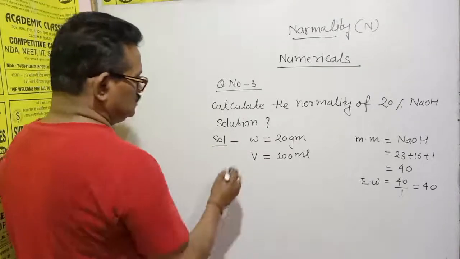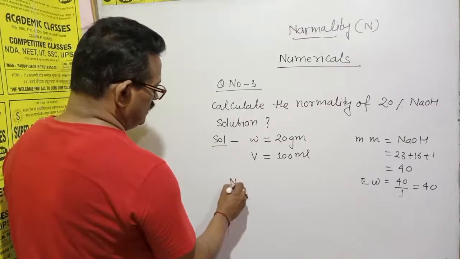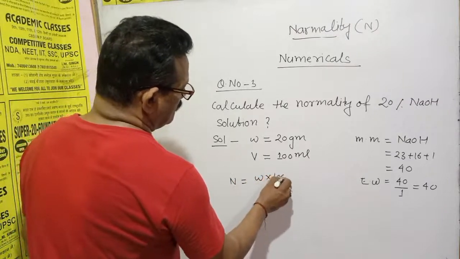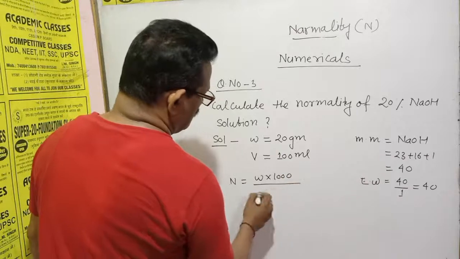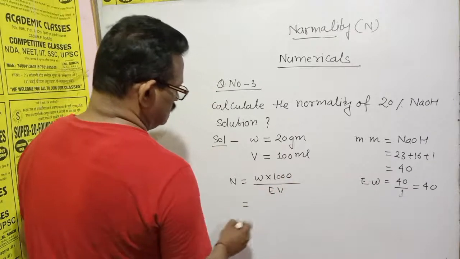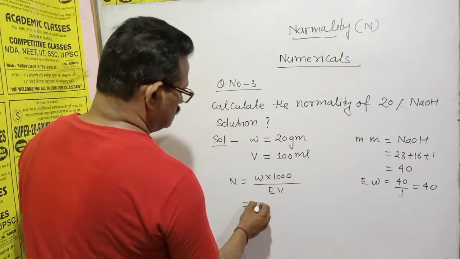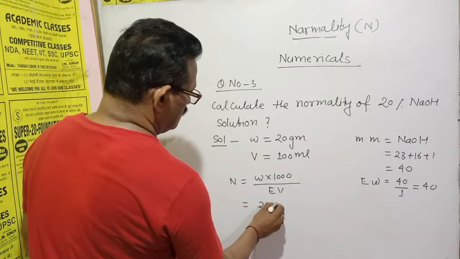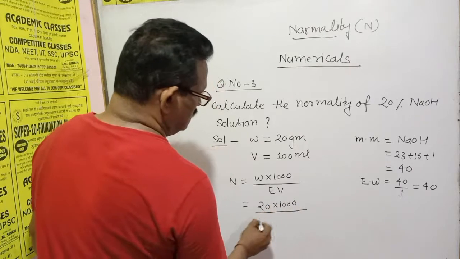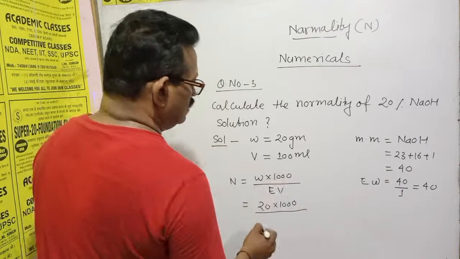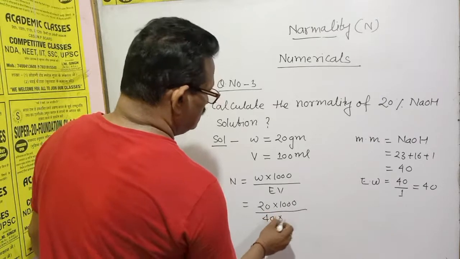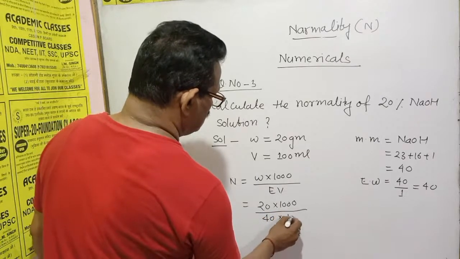Putting all values in the normality formula: 20 into 1000, E means equivalent mass is 40, V means 100.